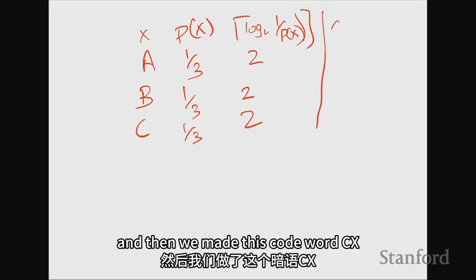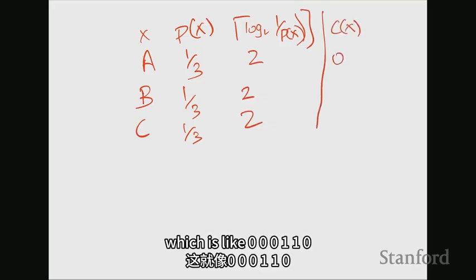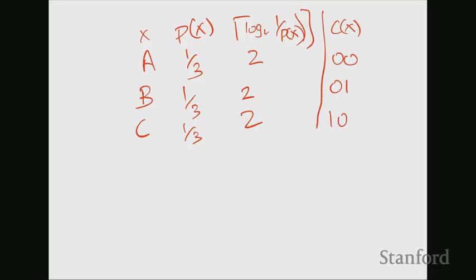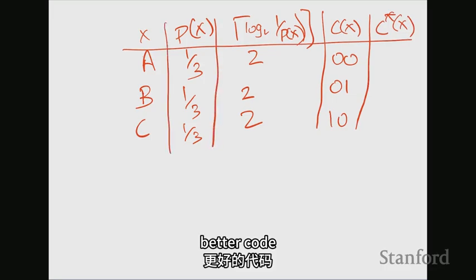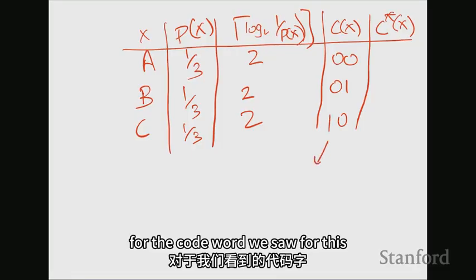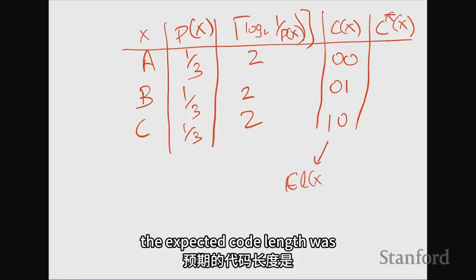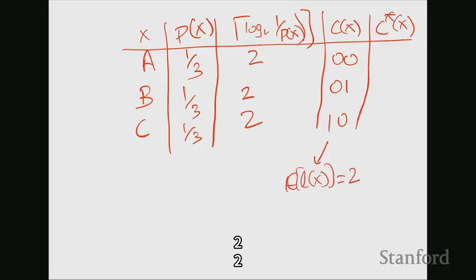And then we made this code word c(x), which is 0 0, 0 1, 1 0. We can make a better code word, right? Better code. For the code word we saw, the expected code length was 2. Let's make a better code.